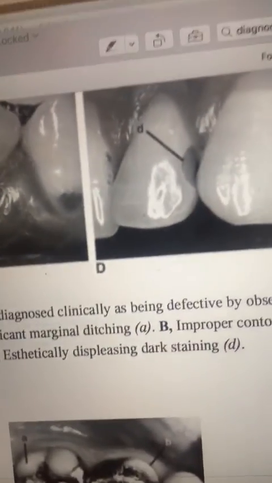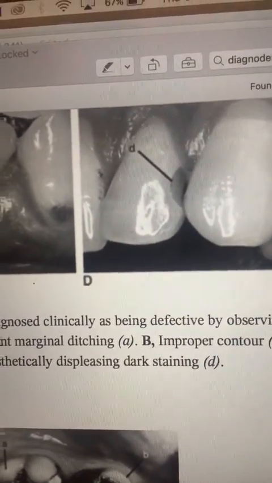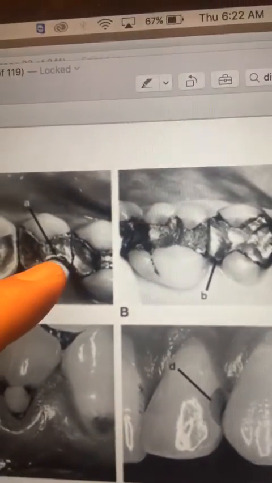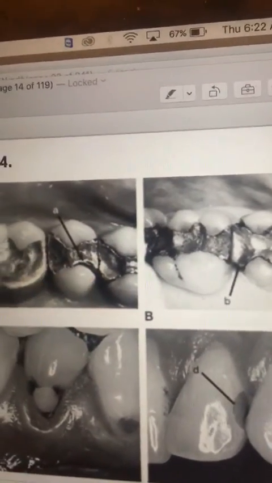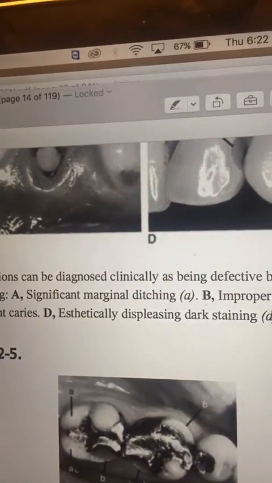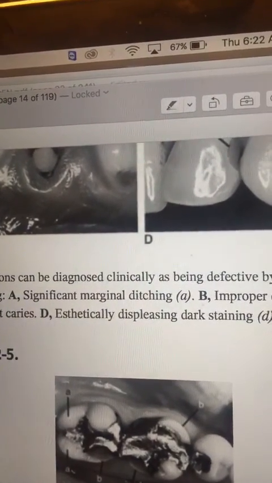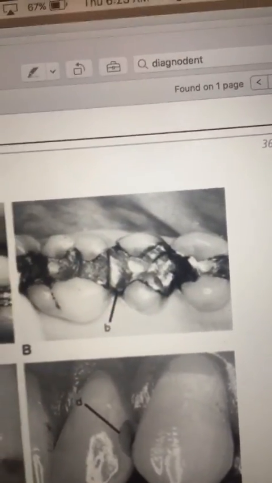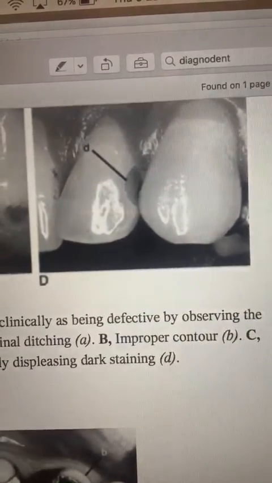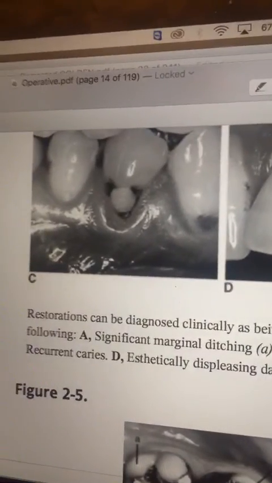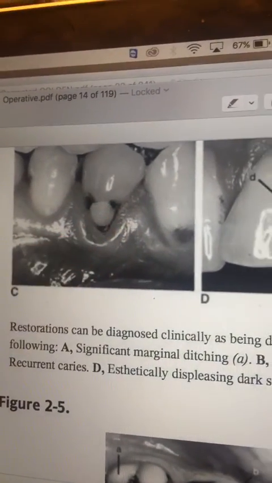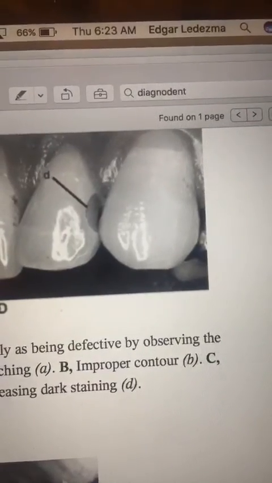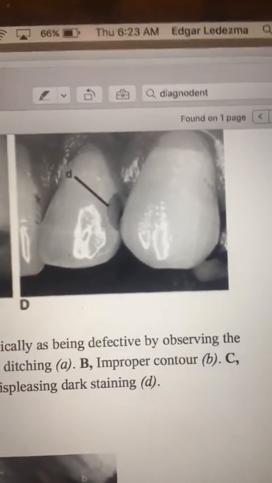Restorations can be diagnosed clinically as being defective by observing the following: significant marginal ditching, significant improper contour, recurrent caries, aesthetically displeasing dark staining.